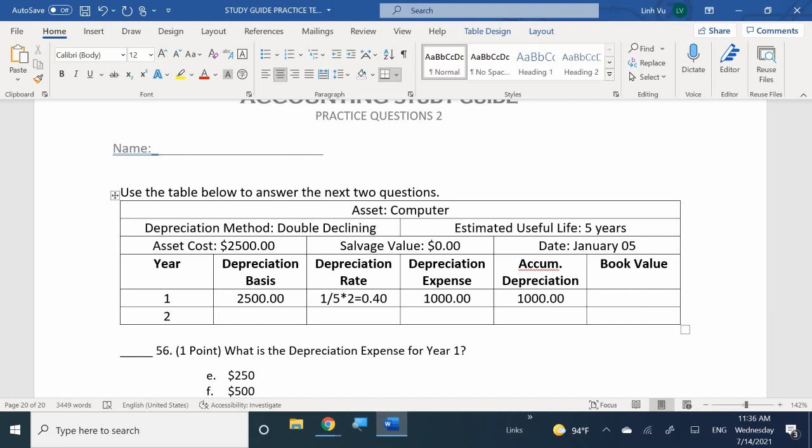It would be 1,500. So if I know that my book value at the end of year one is 1,500, what's going to be my depreciation basis for the second year?